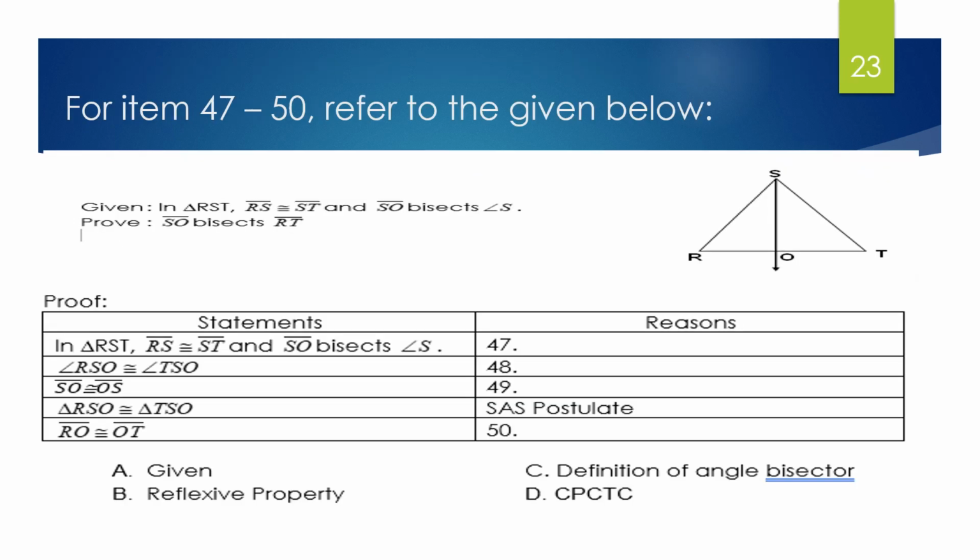Next, for numbers 47 to 50, we have triangle RST, given that RS is congruent to ST and SO bisects angle S. Prove that SO bisects RT.